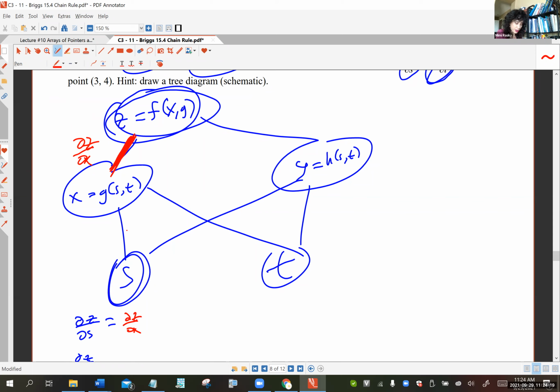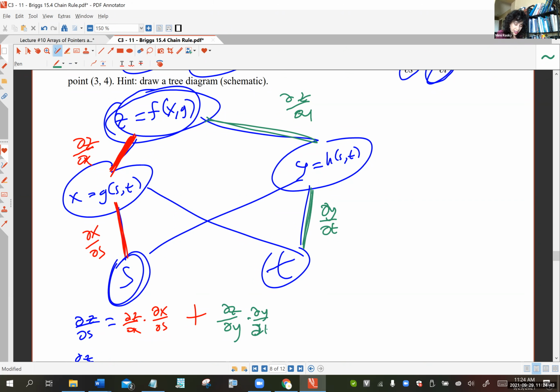All these are partials. And then you multiply that by dx/ds down here. Plus, using this tree diagram to help you out, you're going to go down this branch. You're going to go dz/dy times dy/ds.